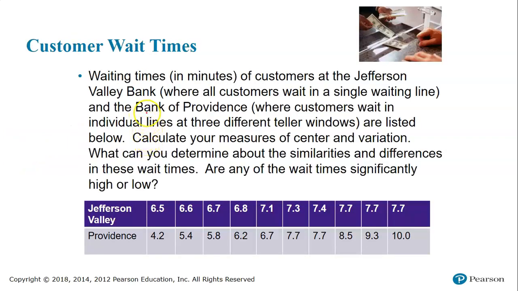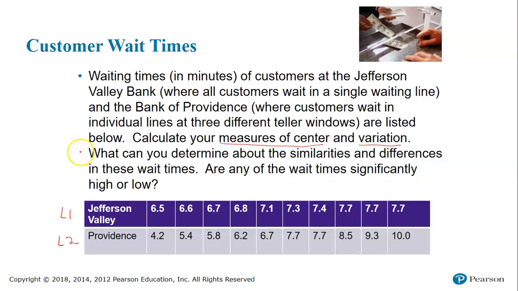Okay, here's the same example that we worked with before, and we calculated our measures of center. So if you still have those handy, then you can pull those out, and if you don't, then you might want to recalculate them. You want to enter Jefferson Valley for L1 and Providence for L2, and then go through and find your measures of center, which are mean, median, mode, and mid-range, and then find your measures of variation, which are range, standard deviation, and variance.